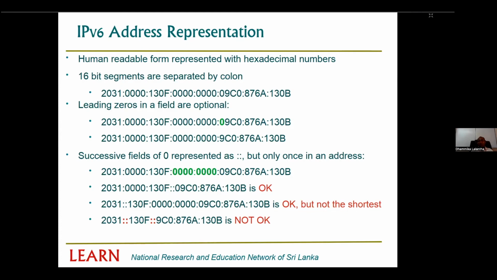Our goal is to compress as much as possible, so we choose the fourth and fifth segments and replace them with the double colon.